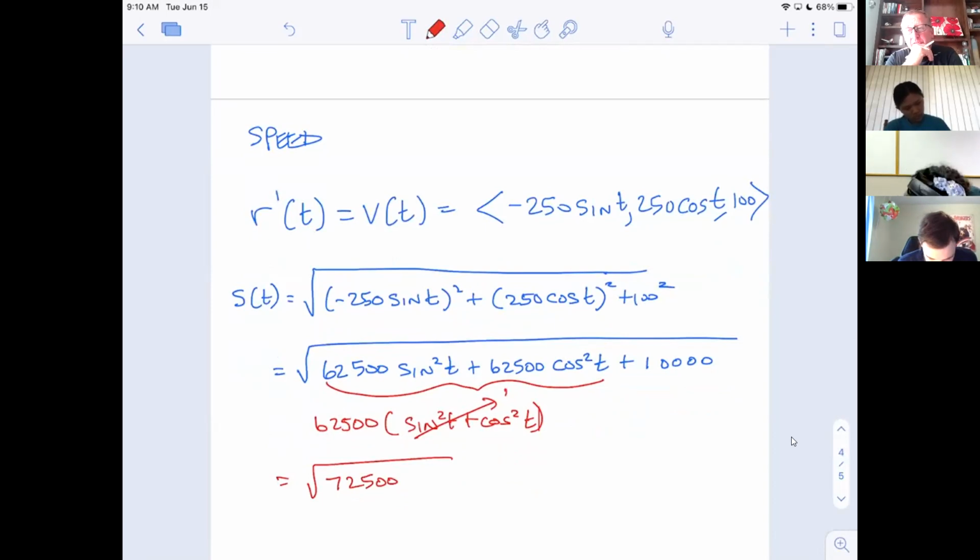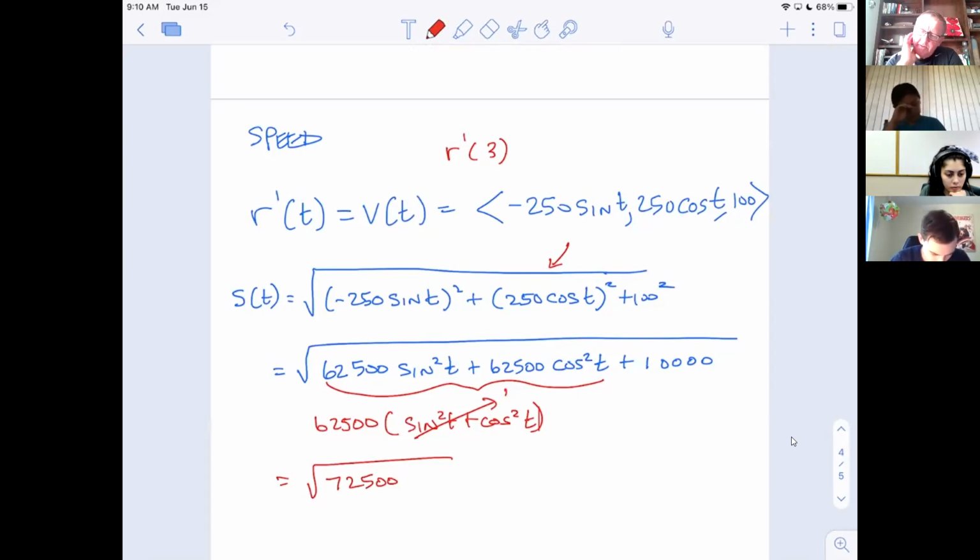As a point of interest, if I'd said I want to know what the speed of this thing is at not any old time, but say 3 seconds again, most of you, probably myself included, would have got it to here, and then we would have just plugged in 3, and we would have got some kind of a decimal answer and written it down.